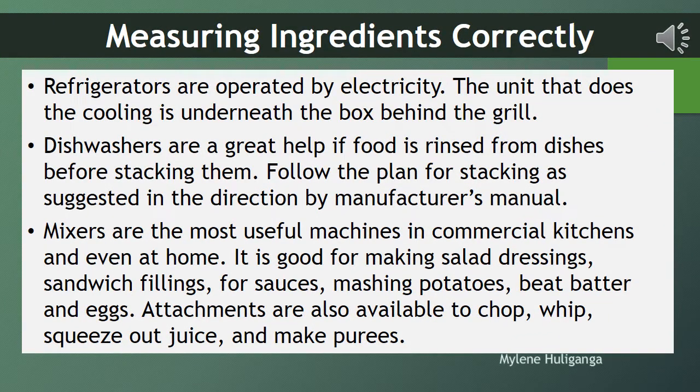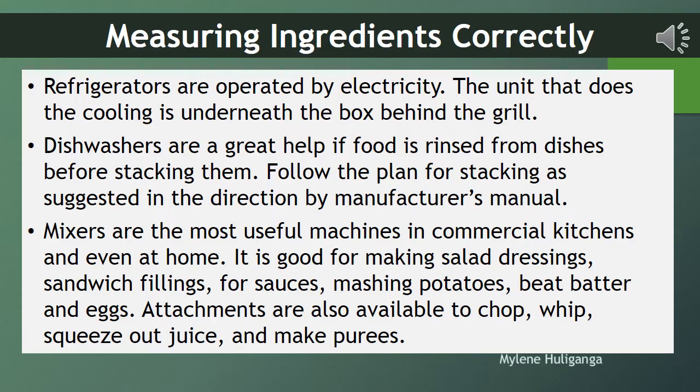Refrigerators are operated by electricity. The unit that does the cooling is underneath the box behind the grill. Dishwashers are a great help if food is rinsed from dishes before stocking them. Follow the plan for stocking as suggested in the direction by manufacturer's manual. Mixers are the most useful machines in commercial kitchens and even at home.